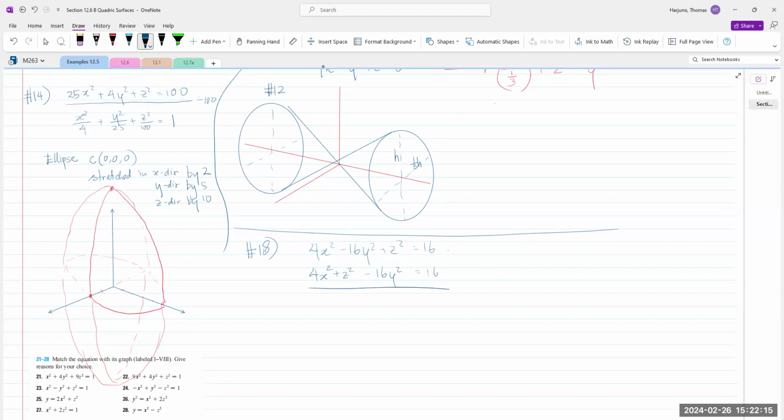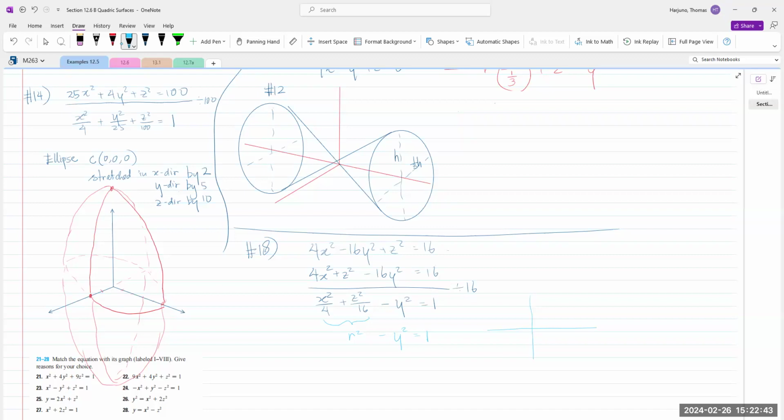If I divide by 16, x squared over 4 plus z squared over 16 minus y squared equals 1. If this were my r squared, then the blue curve will look like this in 2 dimensions.